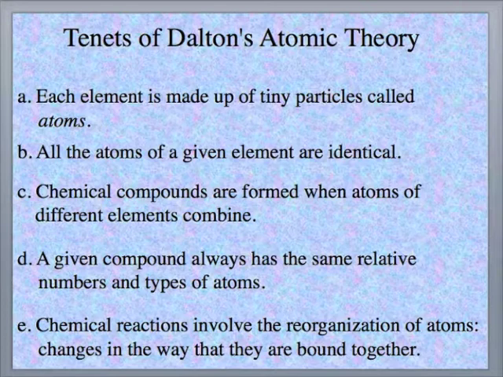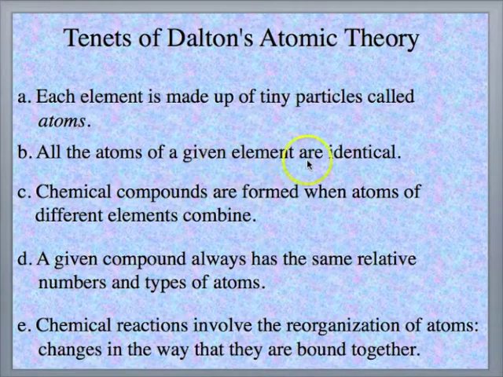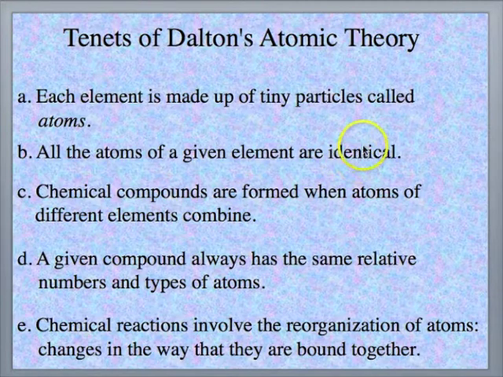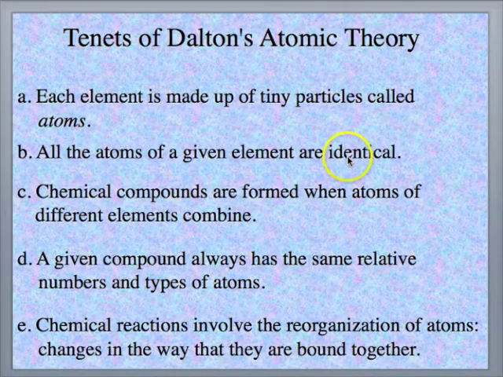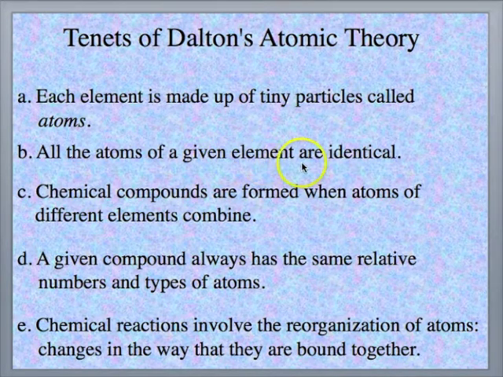All 3 of those support the idea that matter is made up of tiny, indivisible particles called atoms, that all the atoms of a given element are identical, which isn't exactly true. We'll learn about that a little bit later. But all the atoms of a given element are not identical. But Dalton would have had no way to know that.